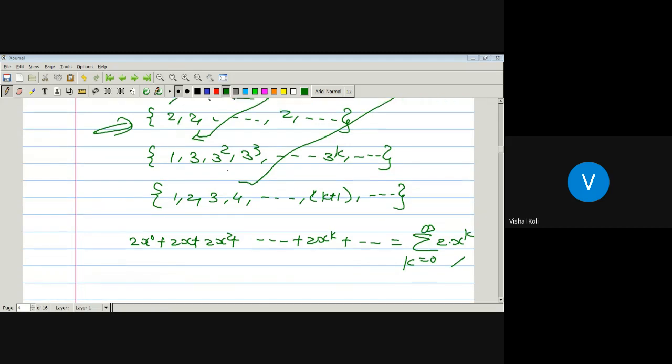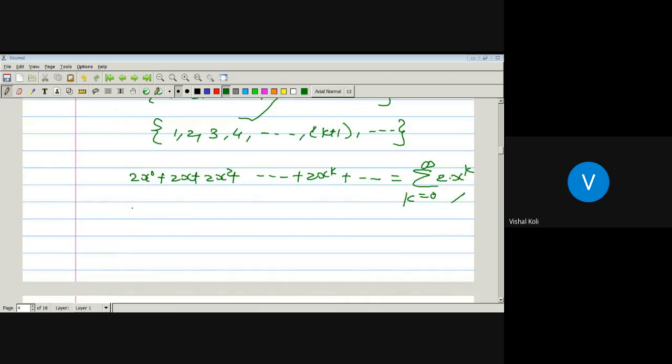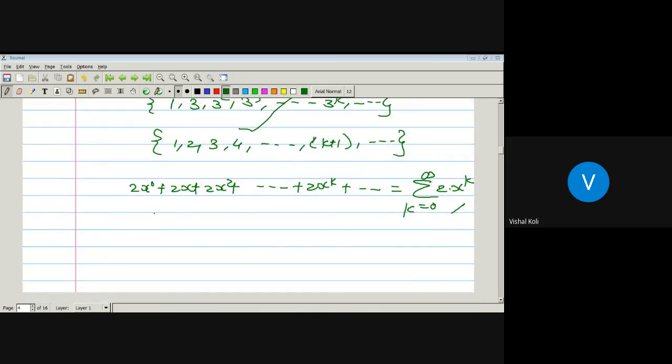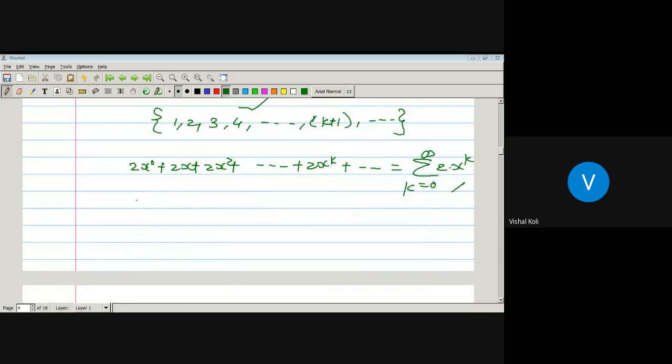Next one is nothing but 1 plus 3x plus 3 square x square plus 3 cube x cube. So what is its general term? The first term will be 1, plus 3x plus 3 square x square plus and so on, 3 raised to k x raised to k, and so on.